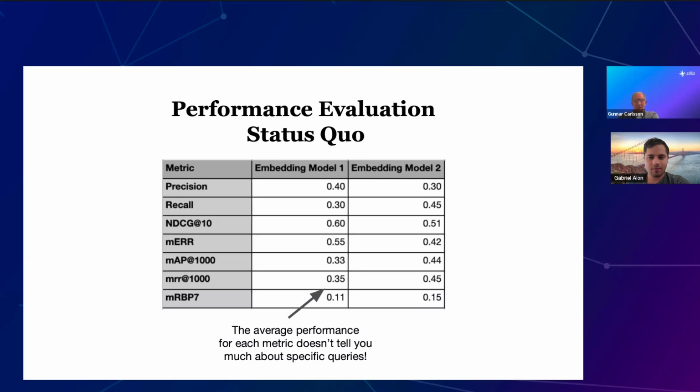It's a general health check of whether one model is vastly superior to another model, or whether this model meets some minimal threshold that you have in mind for, let's say, precision and recall. We'd rather give you an approach that tells you more about your actual queries.